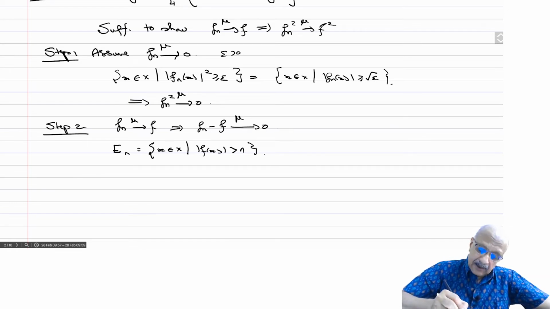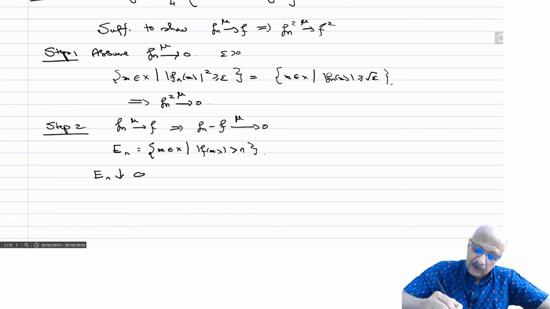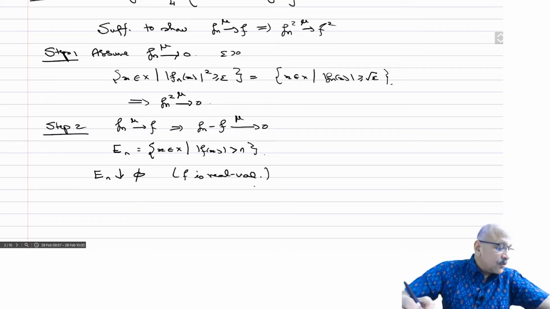Then E_n decreases, because as n becomes larger the set becomes smaller, and since f is real valued, this decreases to the empty set.